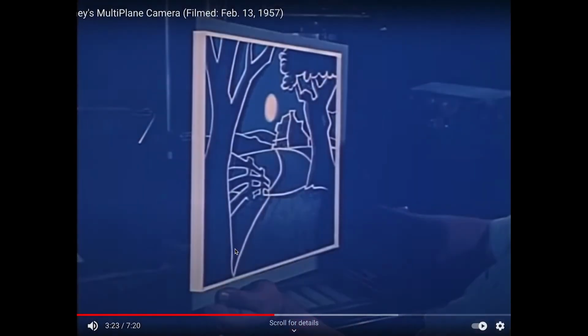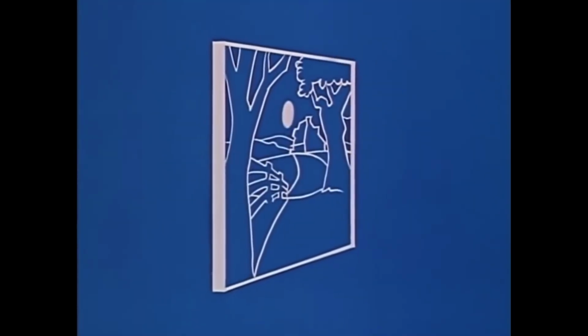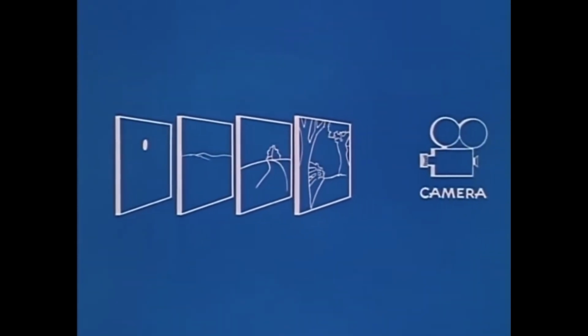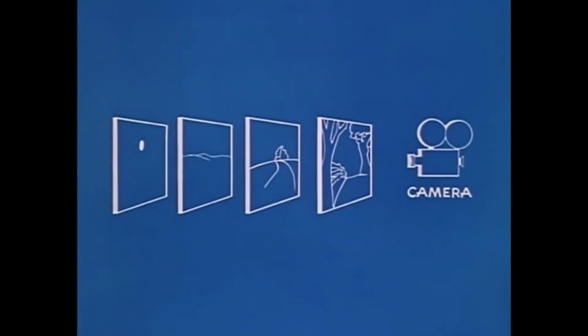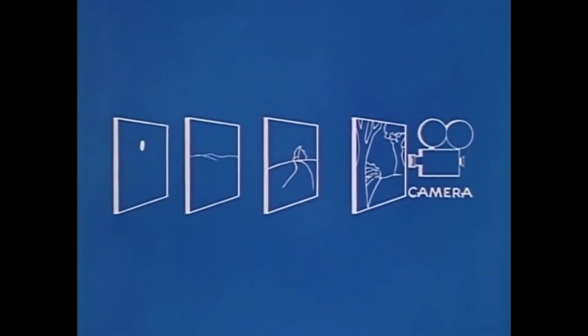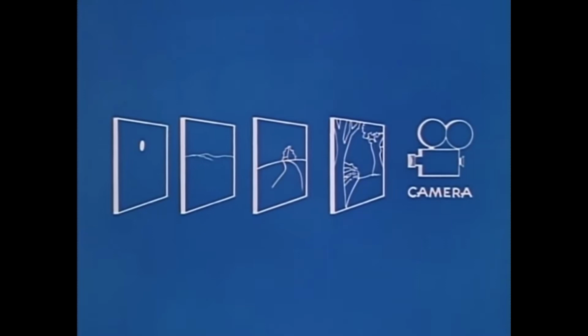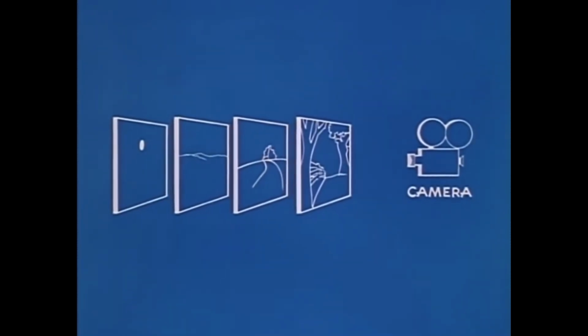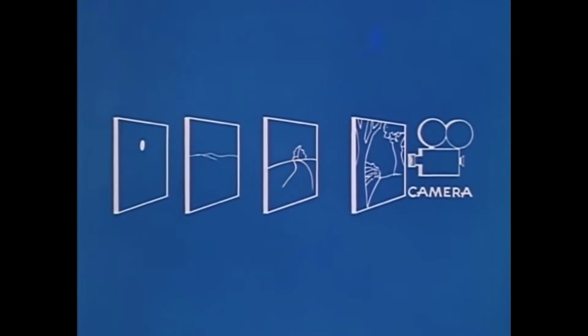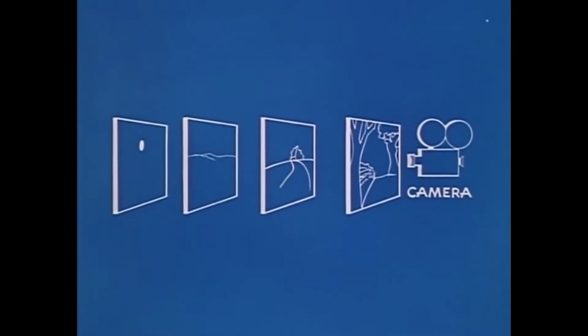One way to think about working in 3D in After Effects is by looking at the multiplane camera, which is something that Disney Animation pioneered. It involves taking drawings and putting them on separate planes and using the depth in between those images to really create a sense of movement, parallax, depth of field. And you can see in here this arrangement, what we're doing is kind of moving these layers.